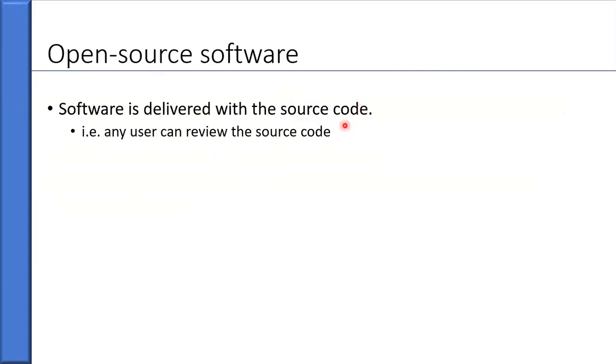That source code is visible to the community or others, and anyone can see what the source code of this software is. That is open source software. That can be free, obviously. In the majority of cases these are free, but open source software means the source code is available for everyone.